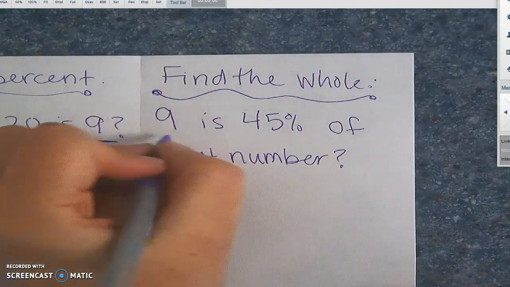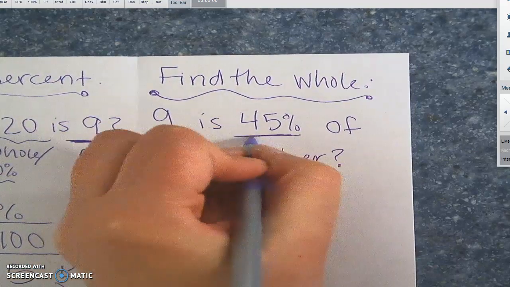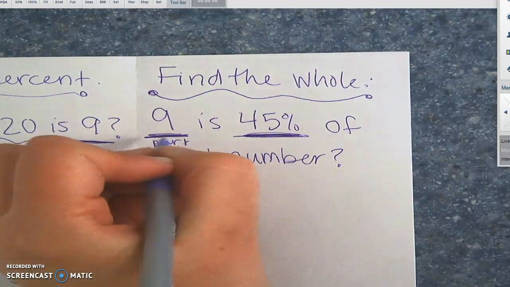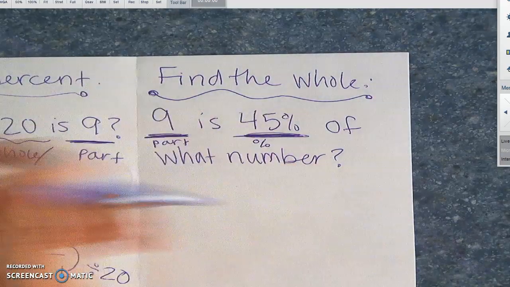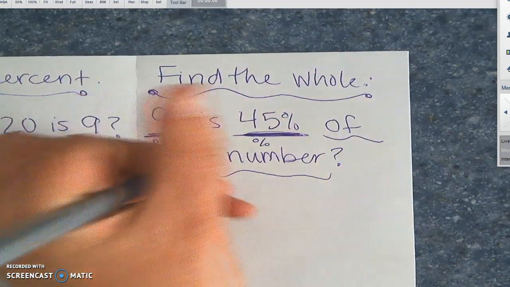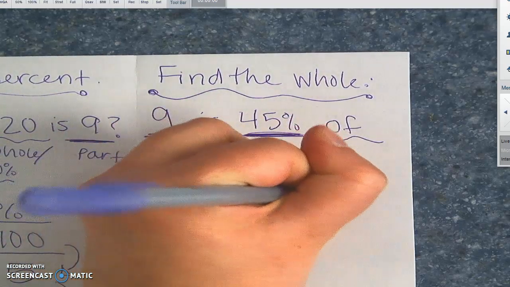So 9 is my part. 45 is my percent, and it matches in my table, alongside the 9. And then it says of what number. So I'm missing what number is the whole. So this is my whole slash 100%.